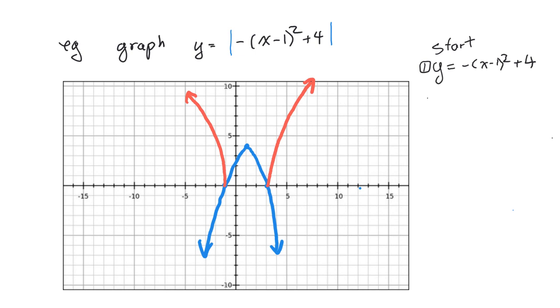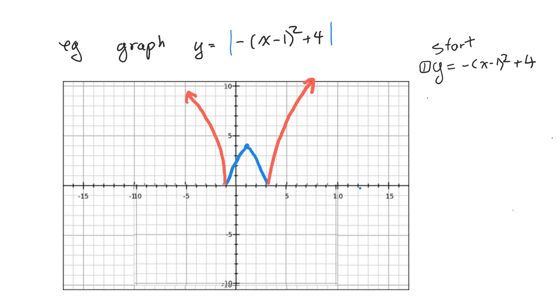And all we have to do now is erase everything that's underneath the line. By erasing it, we end up with something that looks like this. So that is how you graph the absolute value.